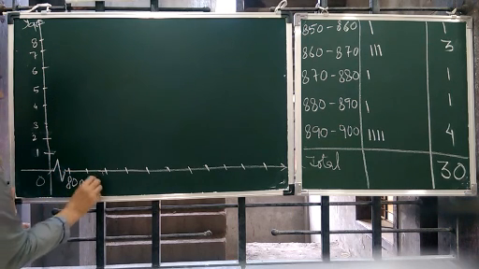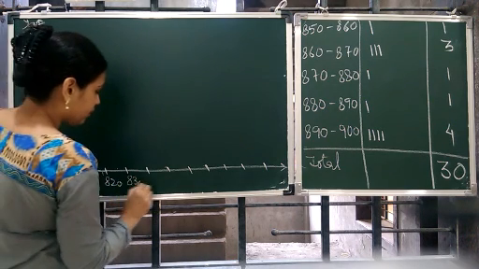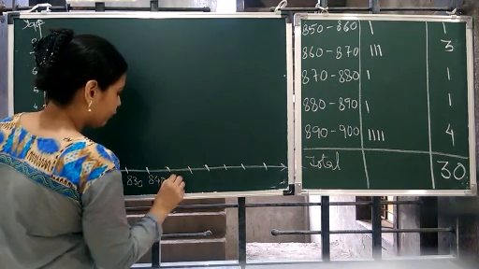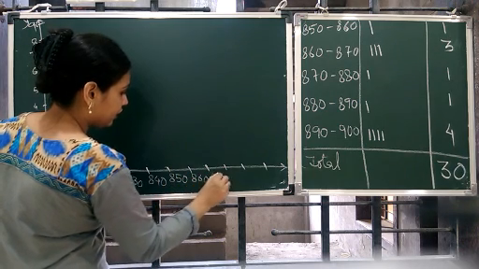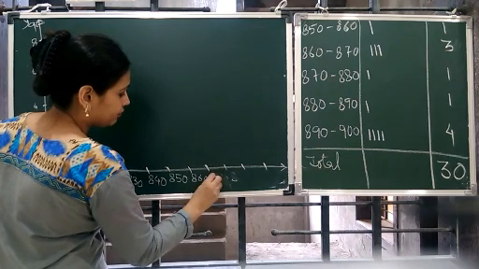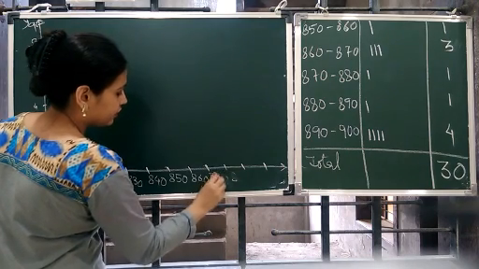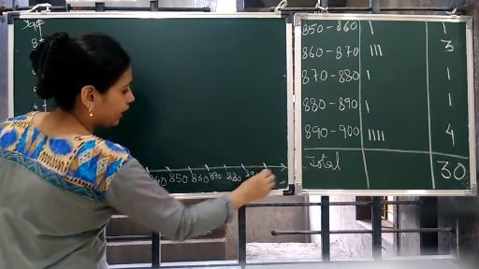So 800, 810, 820, 830, 840, 850, 860, 870, 880, 890 and 900.